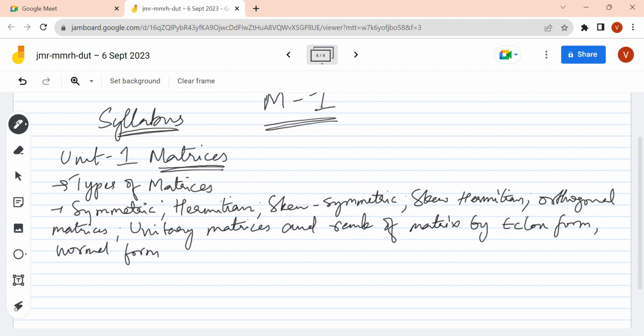And you have inverse of non-singular matrices by Gauss-Jordan method.